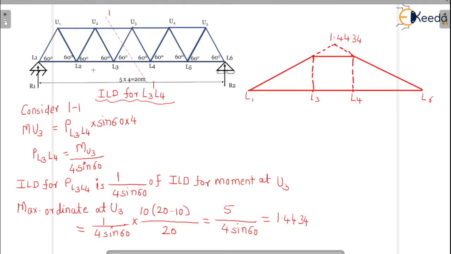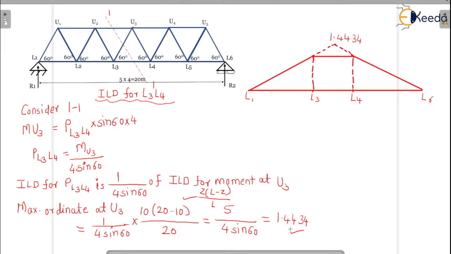In this particular case we know the formula Z into (L minus Z) by L, so we have used that formula. When you use this formula, Z is nothing but 10, and L is 20. In this way we have received this ordinate.